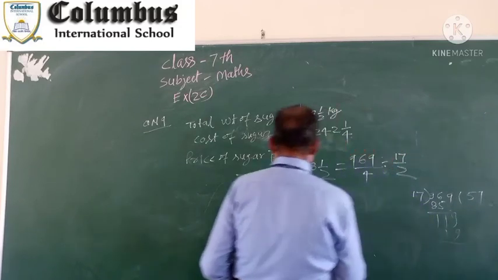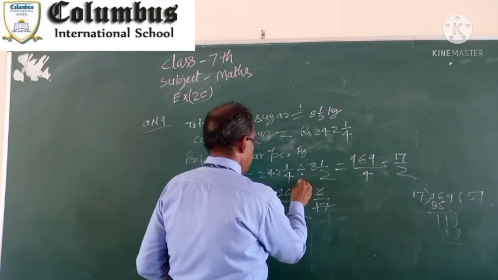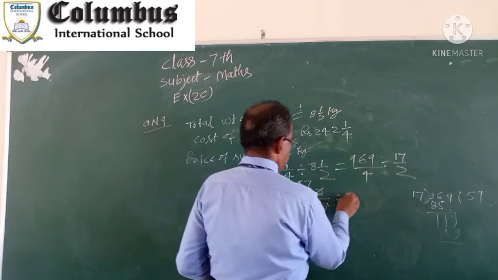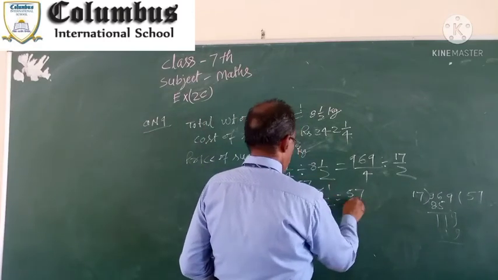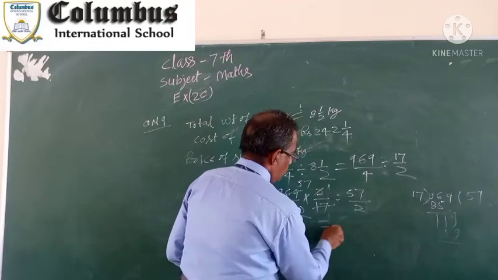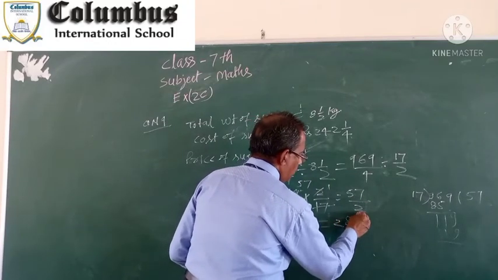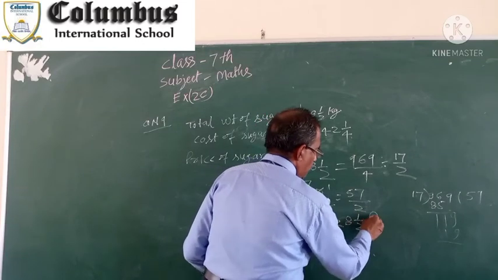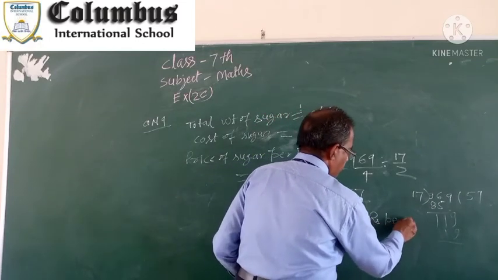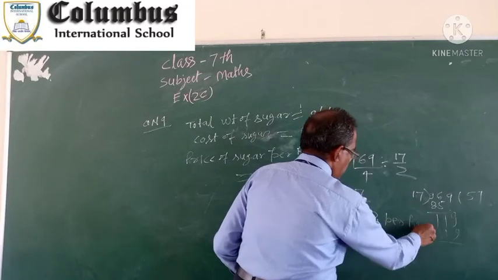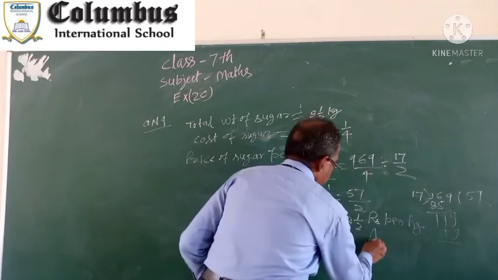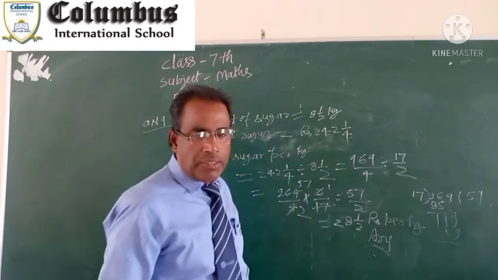That is 57. 17 into 57, that is 57 upon 2. 2 fours are 8. So 28 and 1/2 rupees per kg is the rate of the sugar. It's our answer. Right? You understand it?